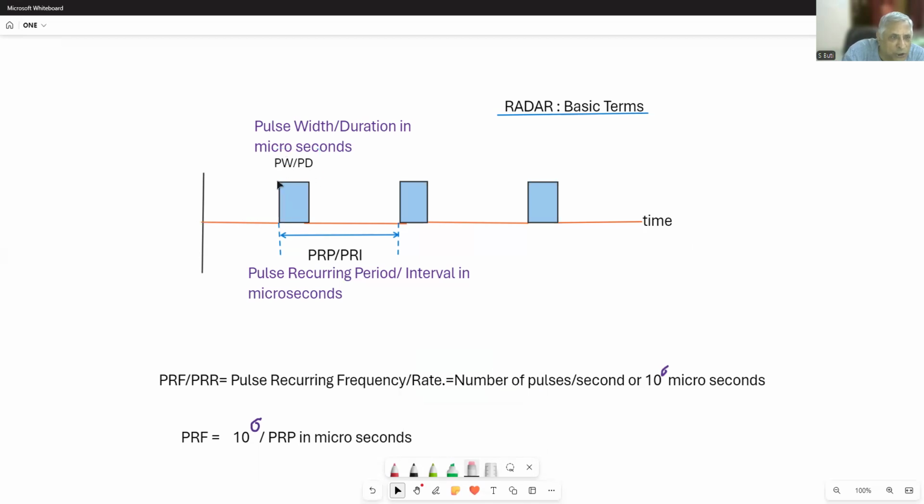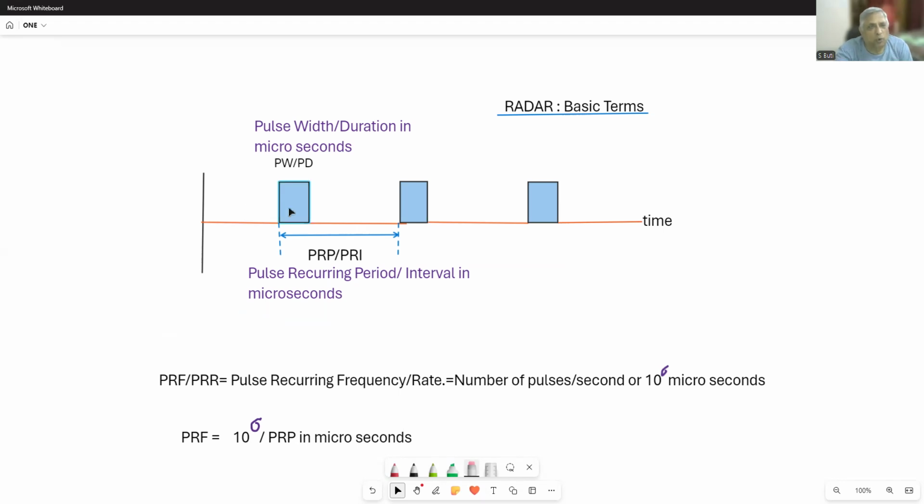The duration for which it is transmitted, in microseconds, is called pulse width or pulse duration. Now, if it's a directional signal, it will go in one direction. If it's an omnidirectional signal, it will travel in all directions.